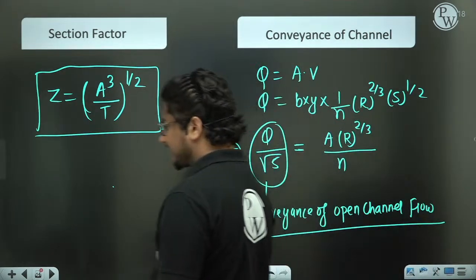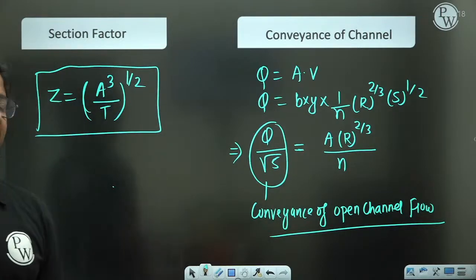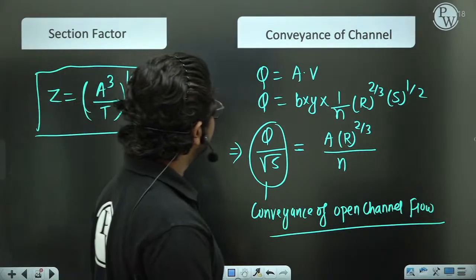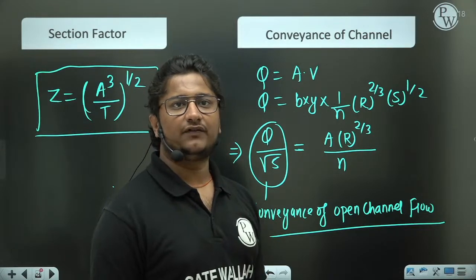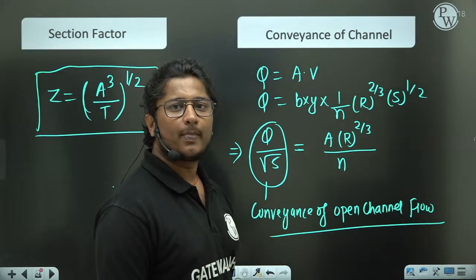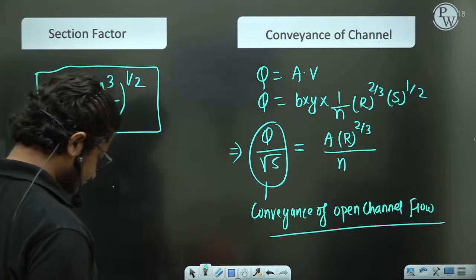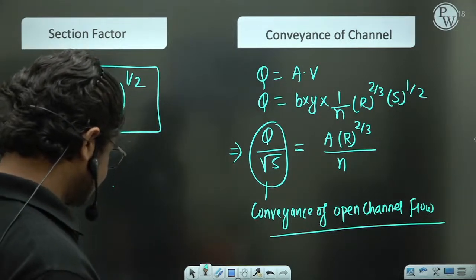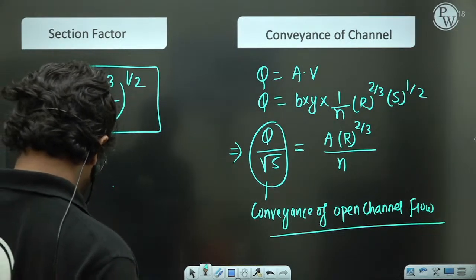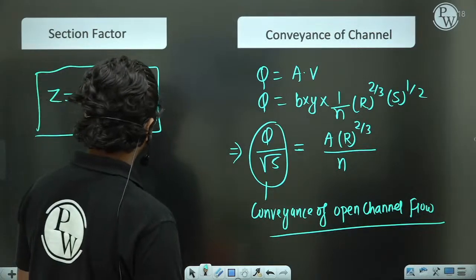This part we call the convenience of open channel flow. Is it clear to all of you, dear?